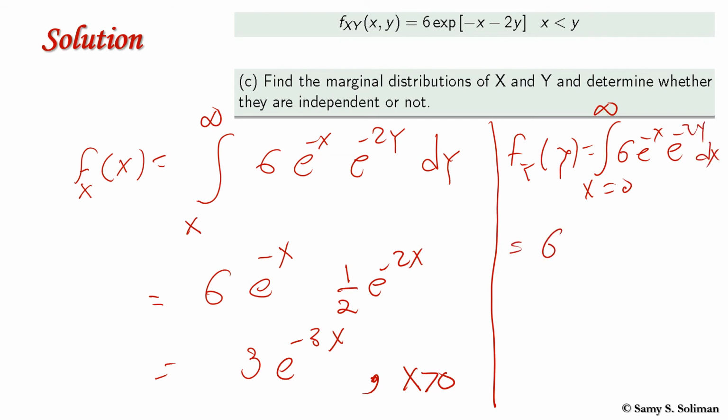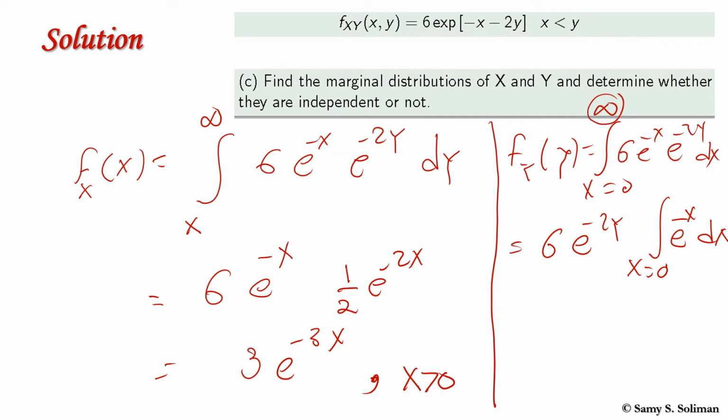So that's 6 e power negative 2y, which is a constant, and then the integral of e power negative x dx, where x ranges from 0 up until the upper limit, which is in general infinity.